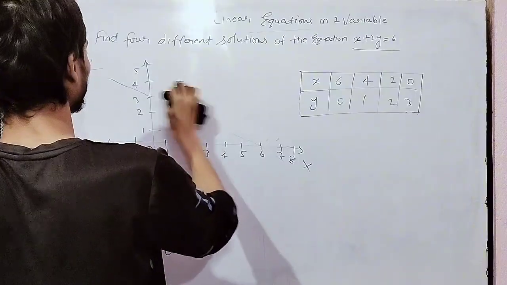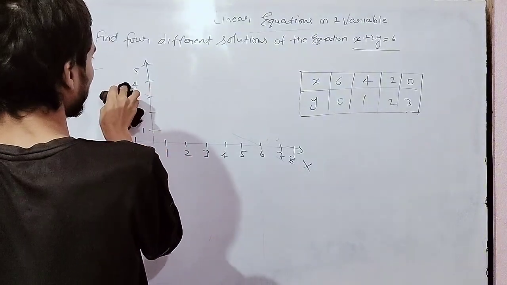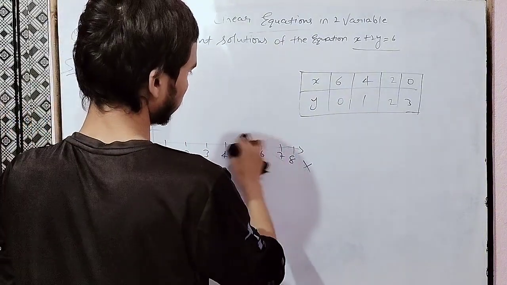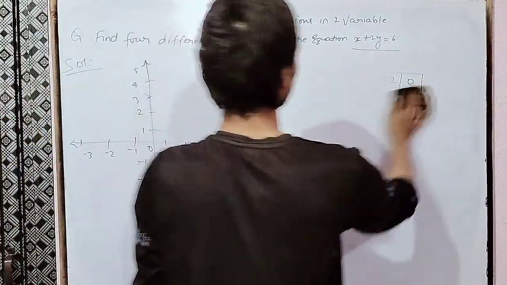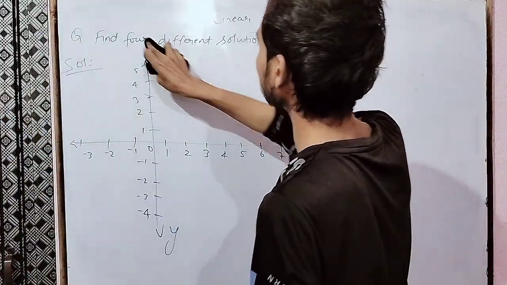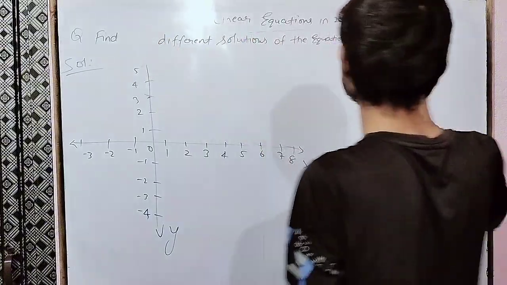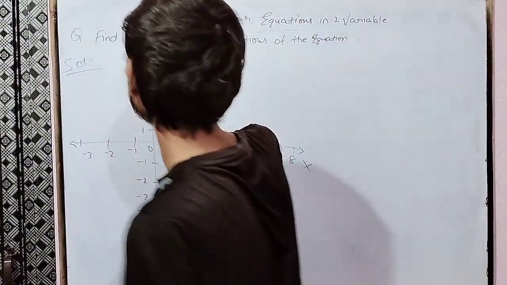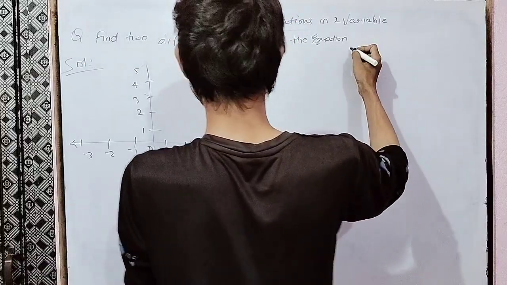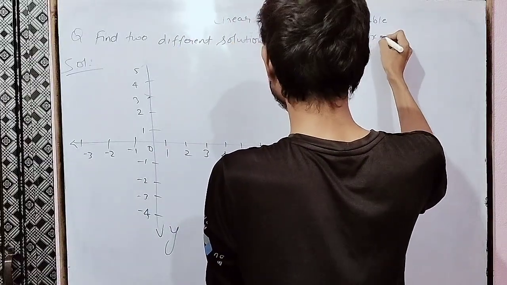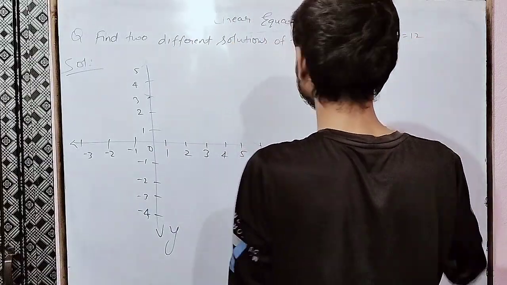This is done. We will plot other coordinates for the other question. So next is what? Next is to find two different solutions of a given linear equation. The equation is 4x plus 3y is equal to 12.